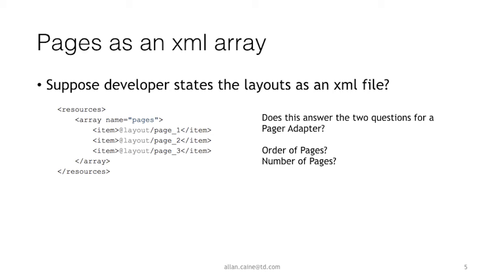The other thing that's crucial to understand is that this @layout and @array stuff all reduces down to integers in the end, and we just have to do the bookkeeping in the code to keep track of all of those integers. From that, we're going to look at how we might architect a view pager so that we can accept input like that.